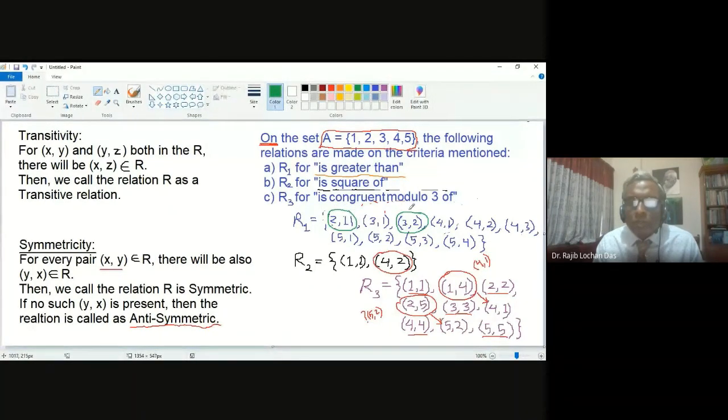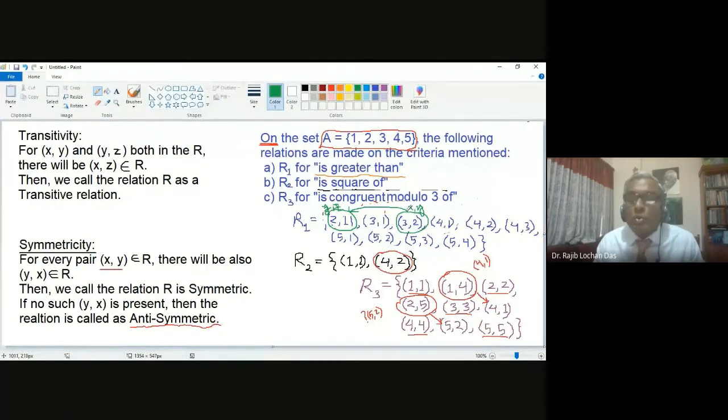The first one is x comma y, which is 3 comma 2, and y comma z is 2 comma 1. So x is 3, y is 2 and z is 1.